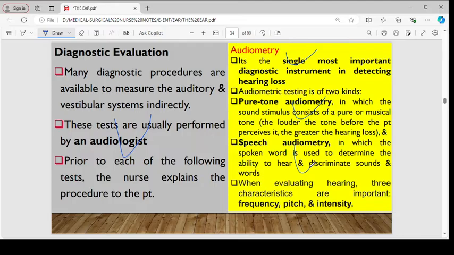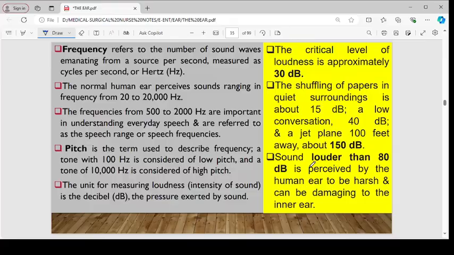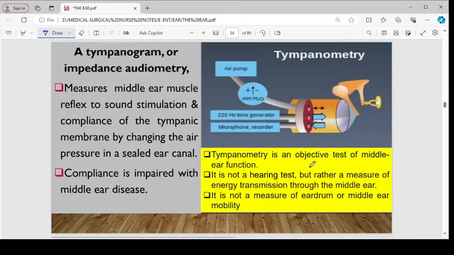In pure tone audiometry, the sound stimulus consists of a pure or a musical tone. That is, the louder the tone before the patient perceives it, the greater the hearing loss, while in speech audiometry, spoken words are used to determine the ability to hear and discriminate sounds and words. So we look at the frequency, the pitch, and the intensity.